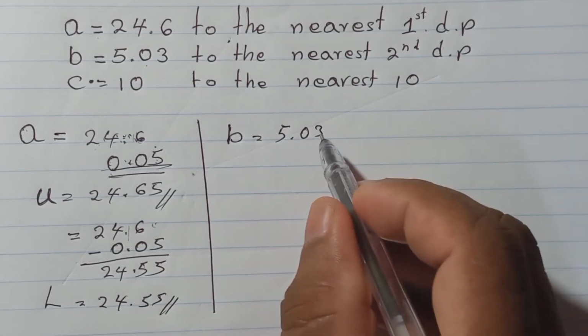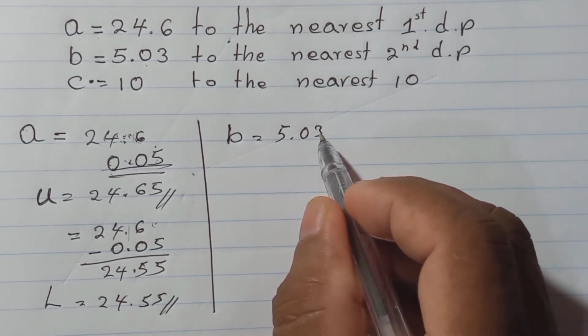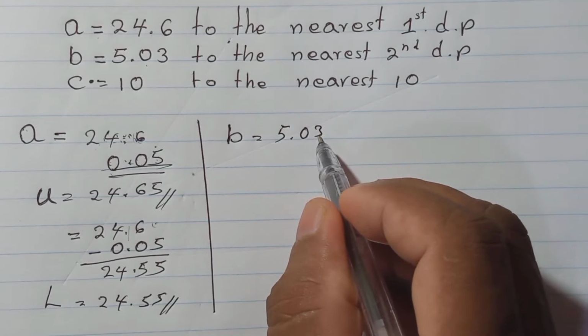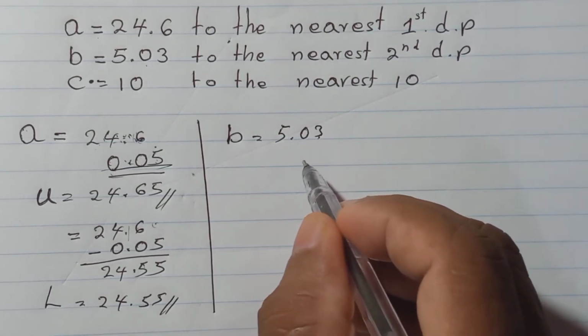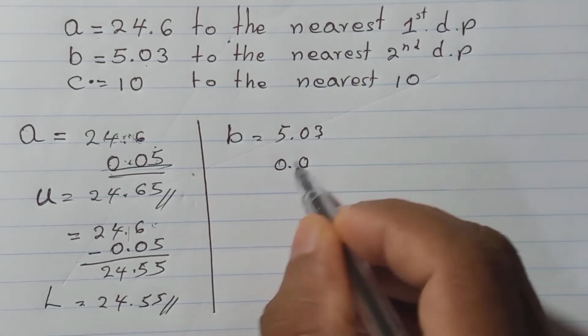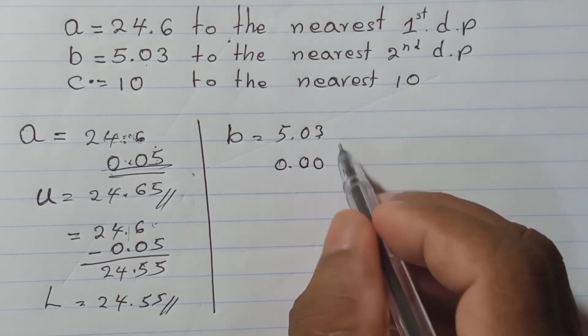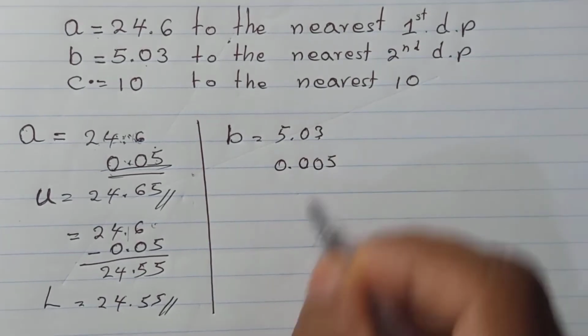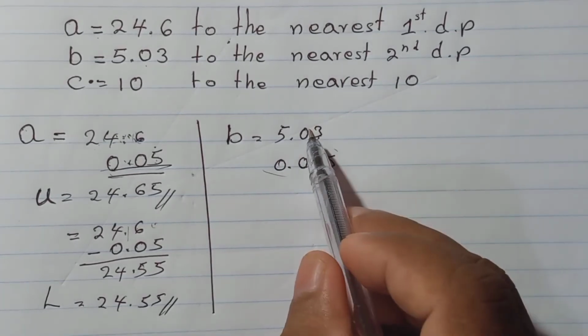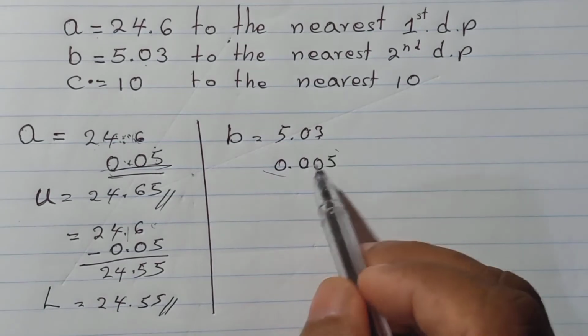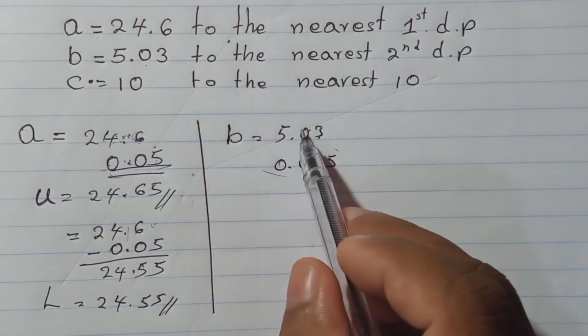Here we think like this: to the second decimal place they round off, so I need to get it this way. This is 0, this is 0, this is also 0, the second decimal place, and you need to get the third one has 5. This is the number you should add to get the upper bound, and subtract from this to get the lower bound.